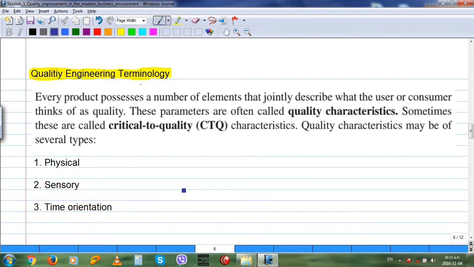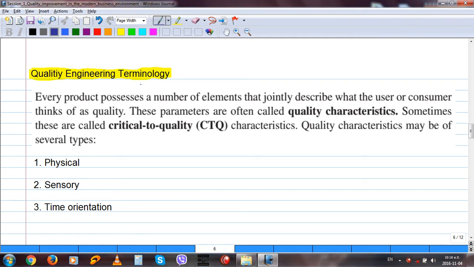These parameters are often called quality characteristics. Sometimes these are called critical to quality, it means CTQ characteristics.